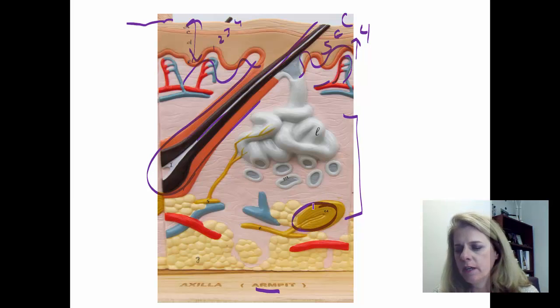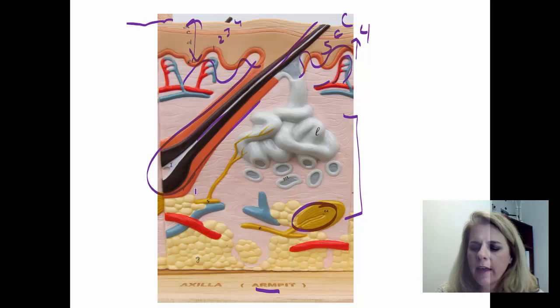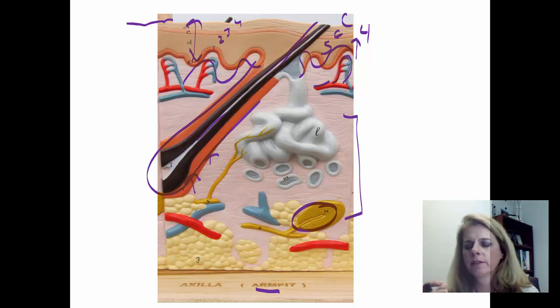You have your Pacinians. There are no Meissners here, so there's no discriminating touch. How could you tell if something was moving across your skin in this area? Well, you have some little nerve endings associated with your hair follicles, so if something wiggles that hair, it'll cause your hair follicle to wiggle. I've got another picture; I'll show you that on the next slide.